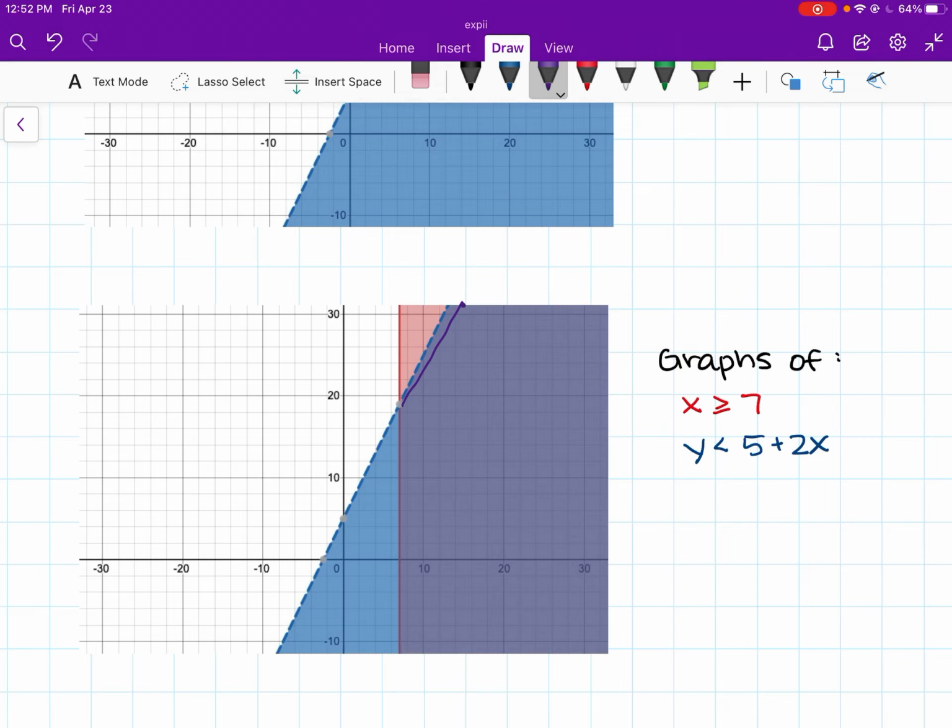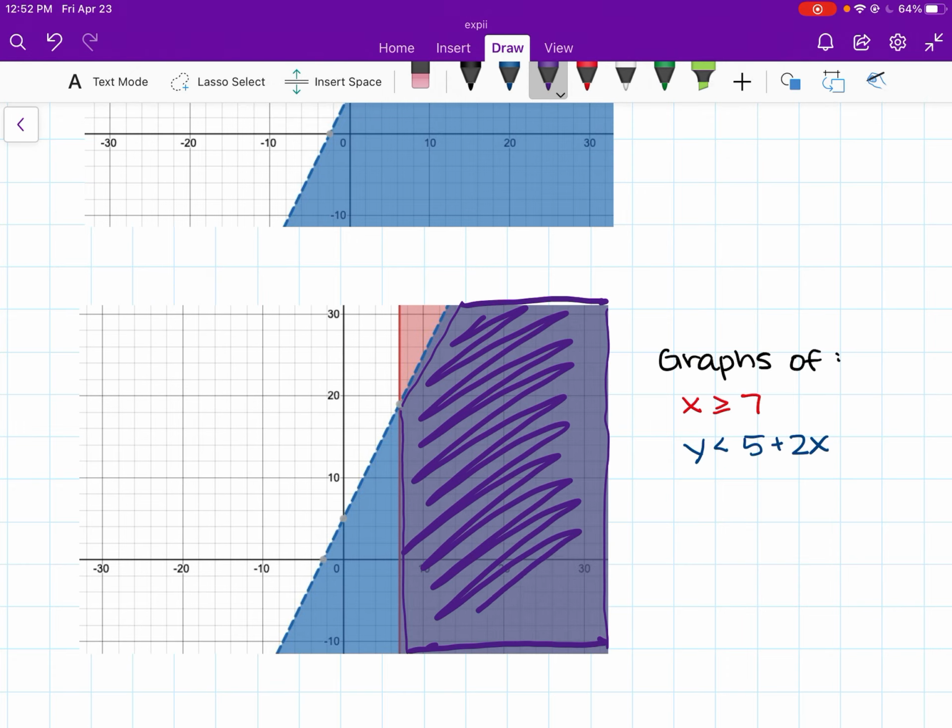It's very poorly outlined, sorry. But this is the section here where the two overlap. So this area right here is the solution to your inequality.